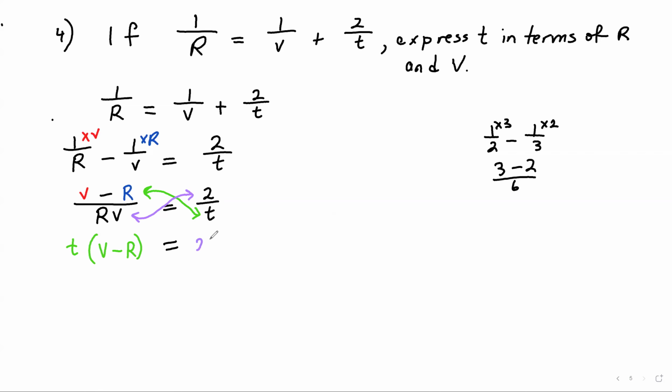So that'll be 2RV. And now that I have T multiplied by V minus R, well, I have T by itself. This is multiplied. So to move V minus R to the other side, I would divide by it. So it'll be 2RV divided by V minus R. And here you have T as the subject of the formula.